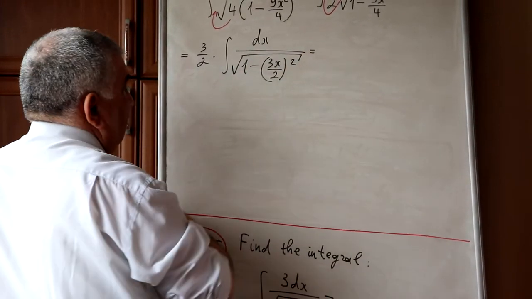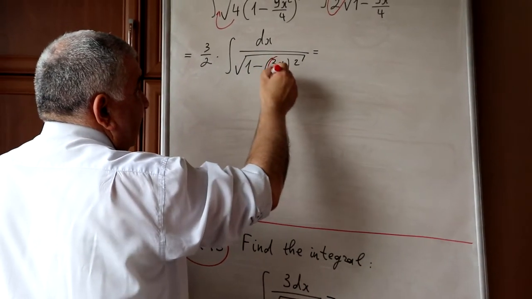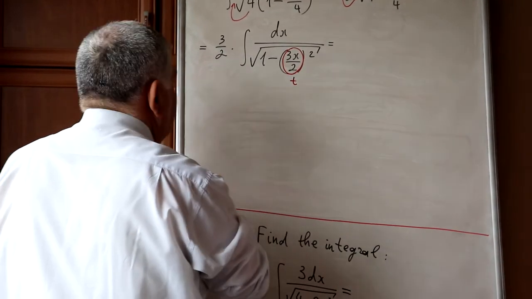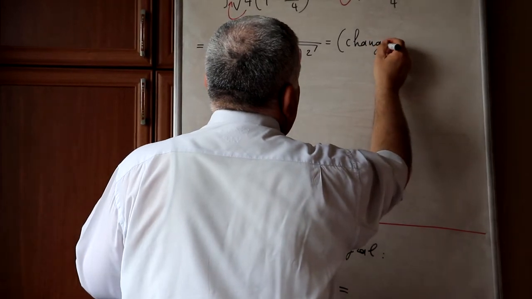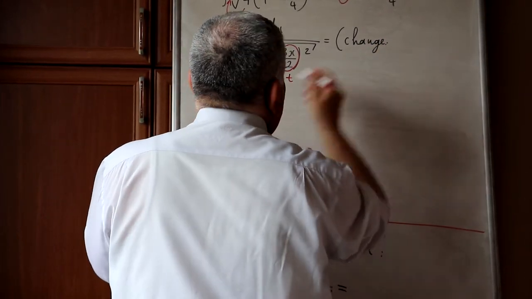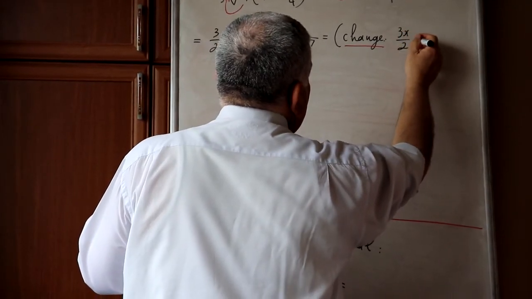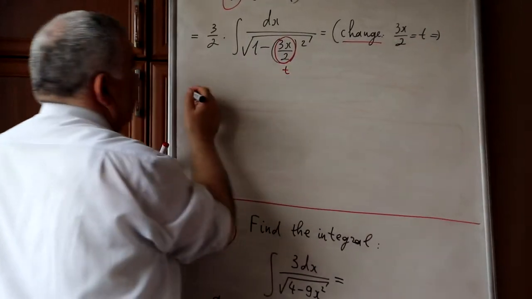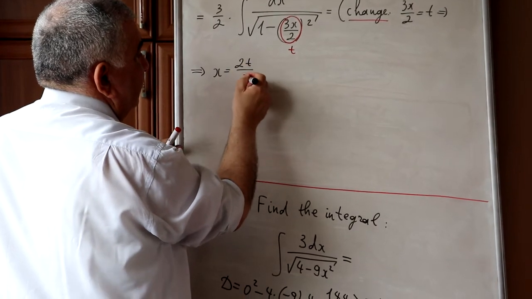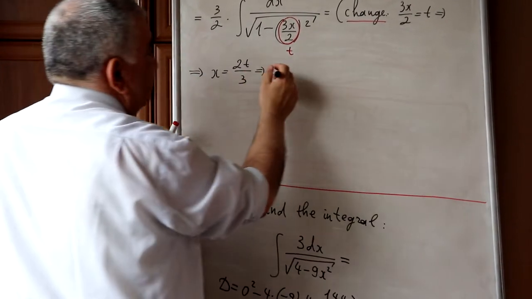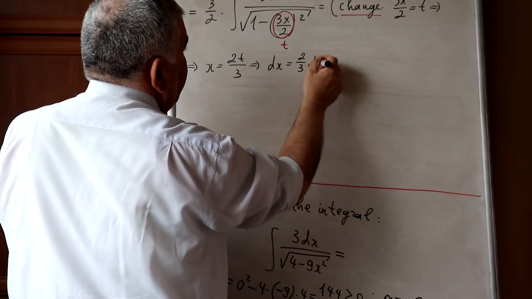We can change 3x over 2 by a new variable t. Change 3x over 2 equals t. From here, x is equal to 2t over 3. Then dx equals 2 thirds dt.